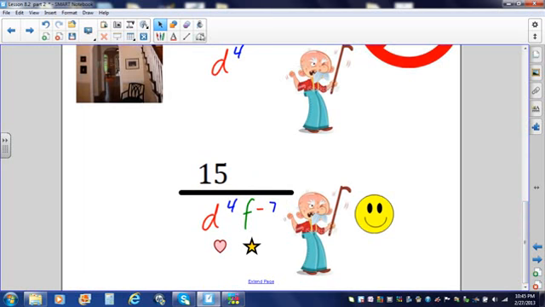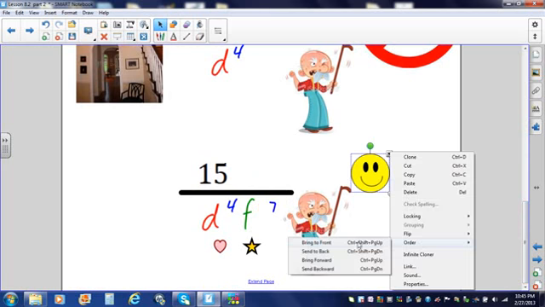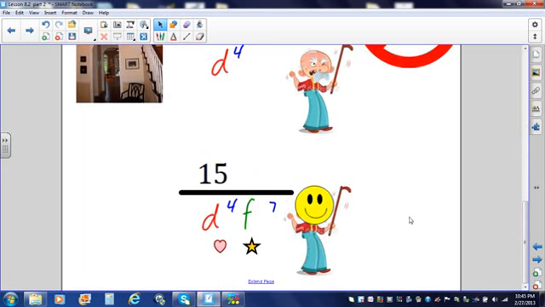Now the grumpy old man is happy because he doesn't have to go up the stairs anymore. See, I told you he was happy. Notice this is a base D and a base of F. I cannot combine them. They are not like bases. Kind of like not like terms.